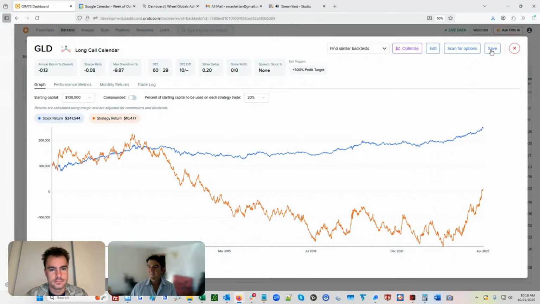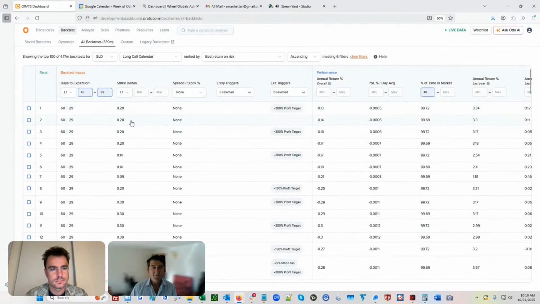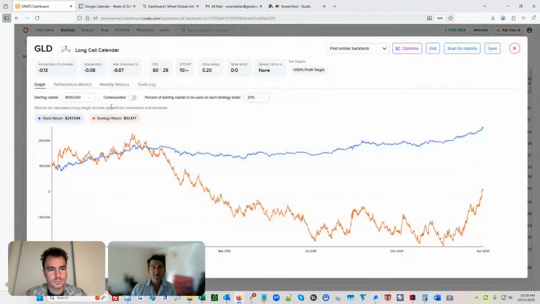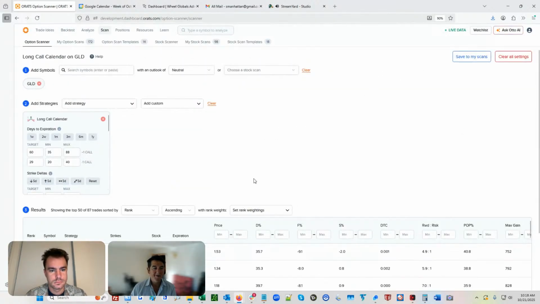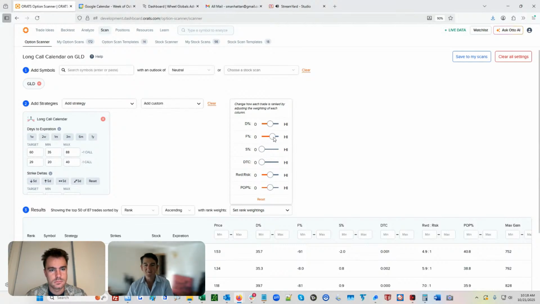Yeah. Okay, cool. So we could now easily just put this on, scanning for options and looking for, what do we want to look for? I guess forecast would be good, risk reward.